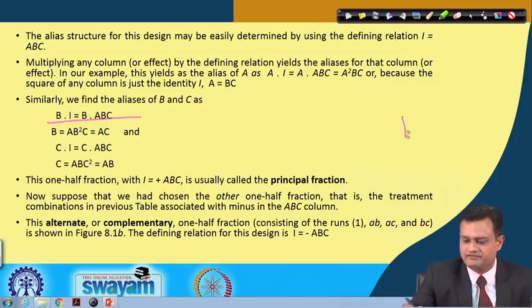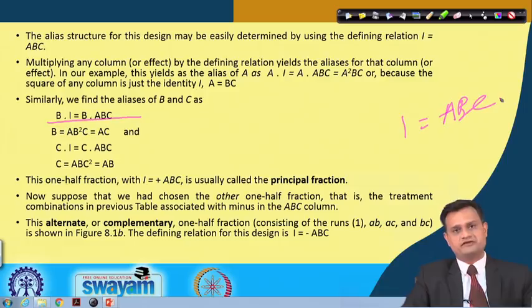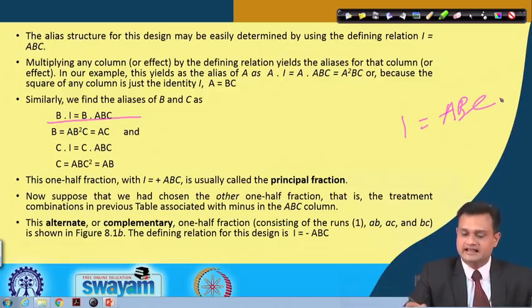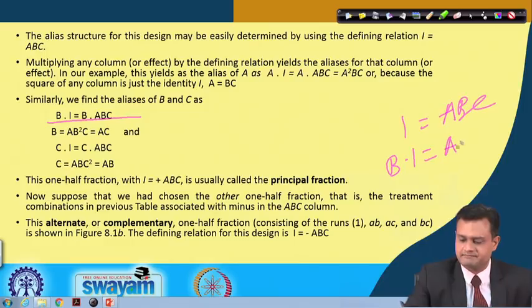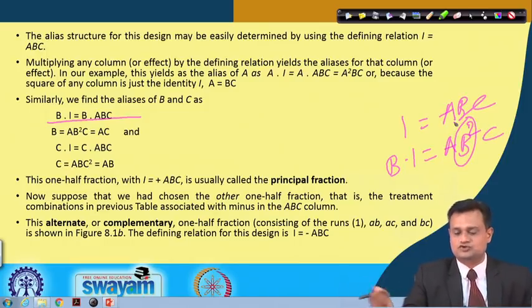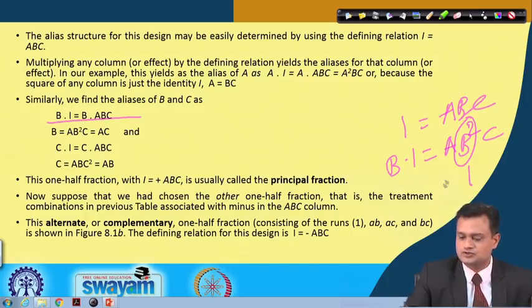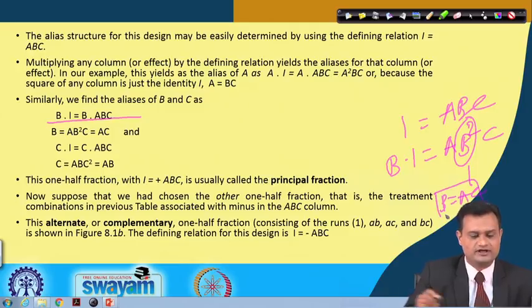So let us say I have the defining relationship I equal to ABC for 3 factors A, B and C. Let me multiply both sides with B. So you see it is A B square C. B square is nothing but the entire column squared, so this becomes identity. So basically you have B equal to AC, and this is exactly what we have seen.